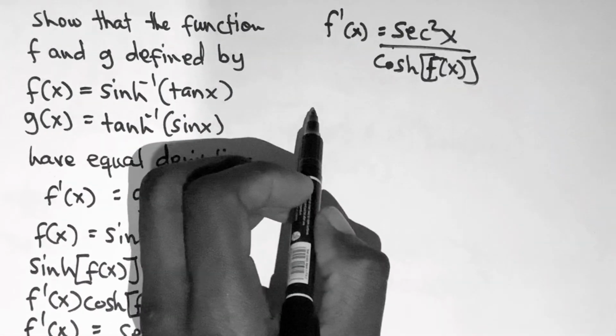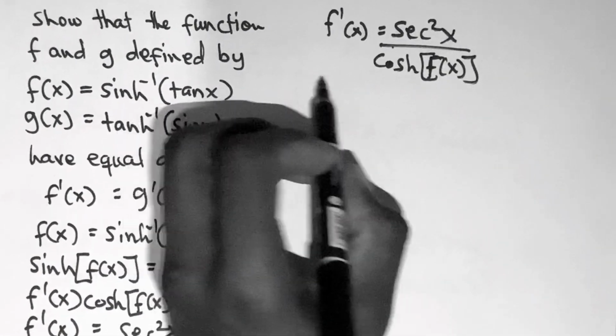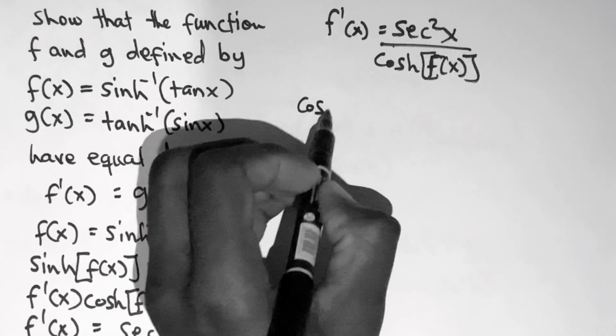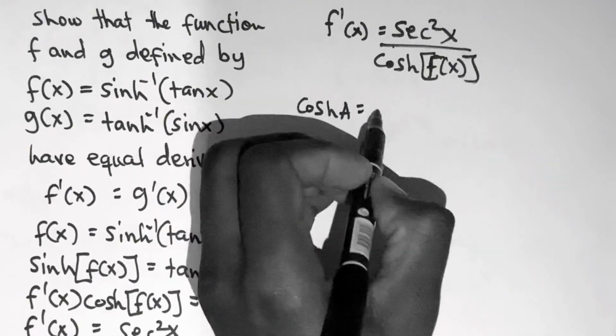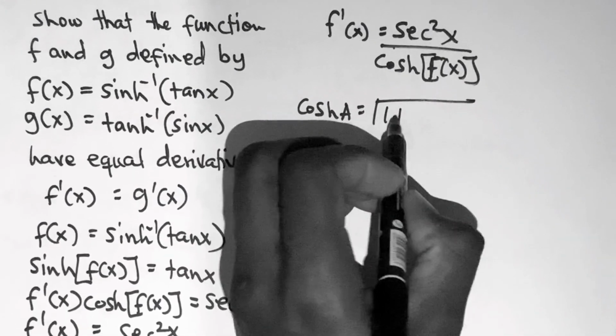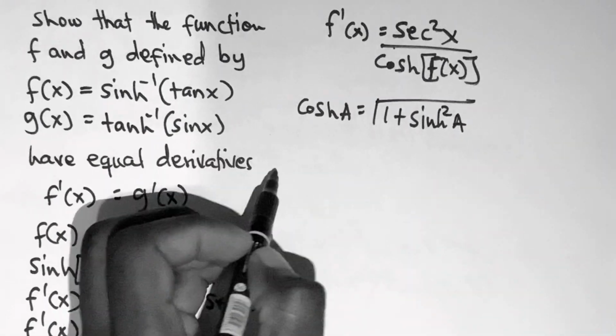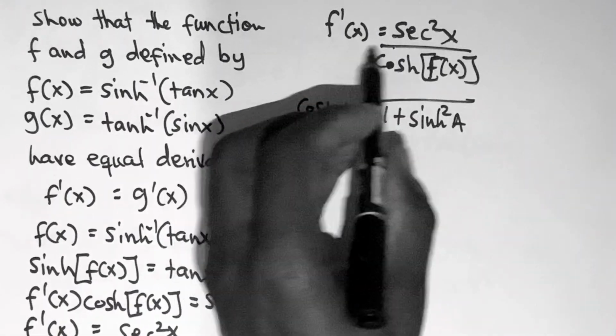However, from trig identities, we have already established that hyperbolic cos a is equal to square root of 1 plus hyperbolic sine squared of a. So we are going to replace all of this.